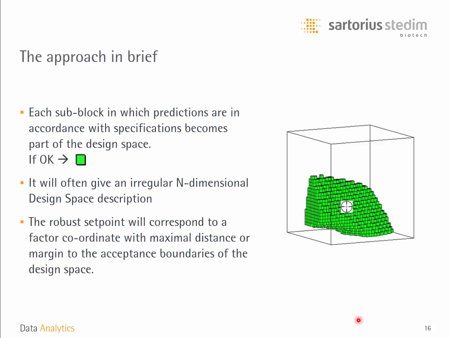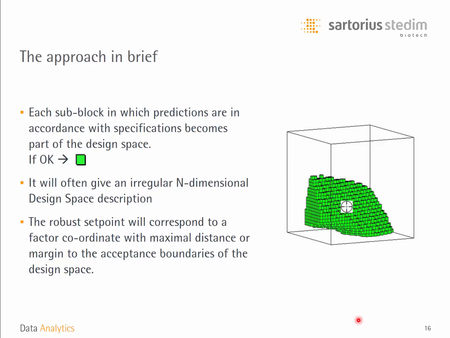But basically what we are doing is that the design space or the design volume where we've done experimental designs is partitioned in sub-blocks, and the number of bricks or the number of intervals into which each factor is divided is regulated by an adjustable parameter known as the resolution. And in each sub-block, we're then making Monte Carlo simulations. We're making predictions of the one or more y variables, and we're then counting how many predictions are in line with specifications and how many predictions of the responses are violating the specifications.